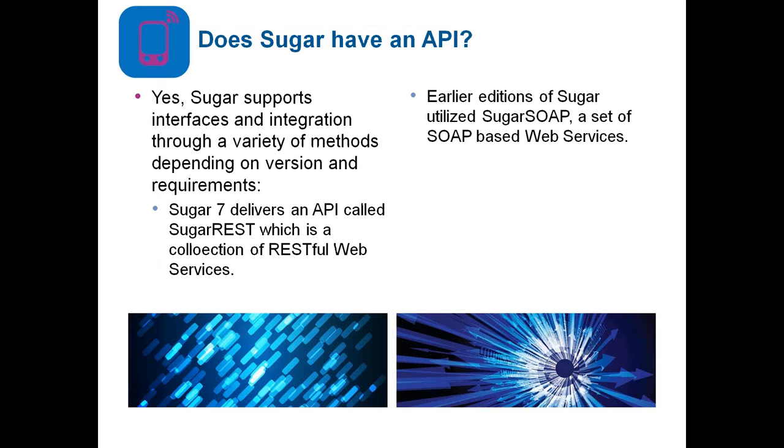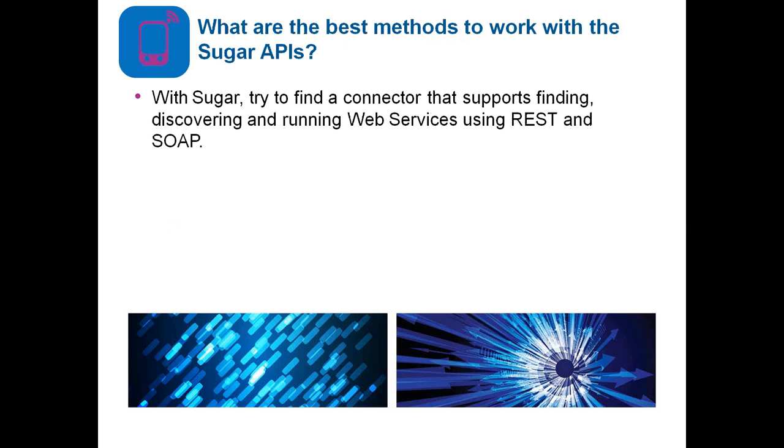And of course, Sugar has an API, and it supports interfaces and integration through a variety of methods depending upon your Sugar release. With Sugar 7, there's an API called Sugar REST, which is a collection of RESTful web services. So this is very powerful. Earlier editions of Sugar utilized Sugar SOAP, a set of SOAP-based web services, and those are still available, so you can use either of those.